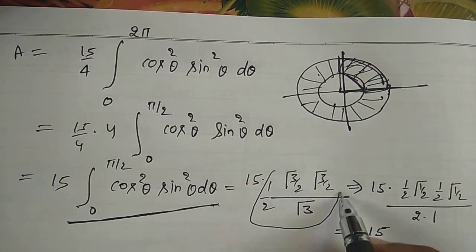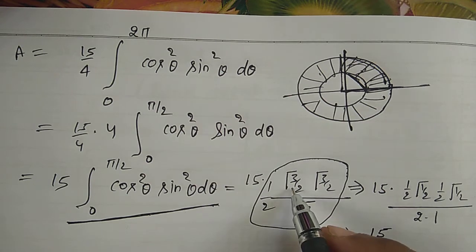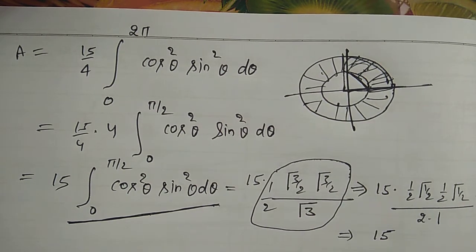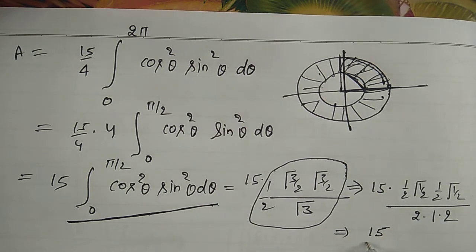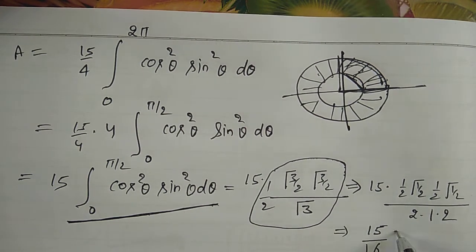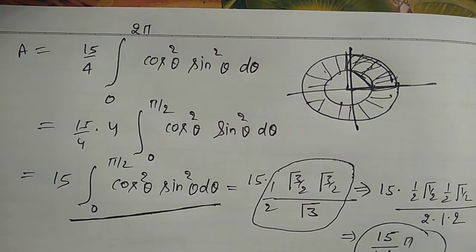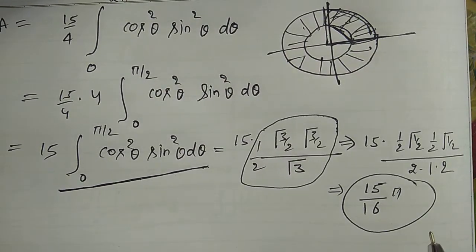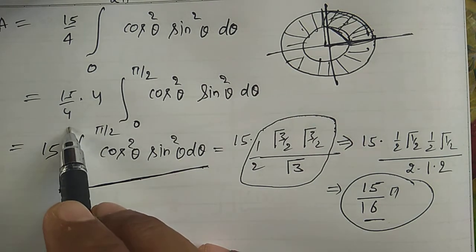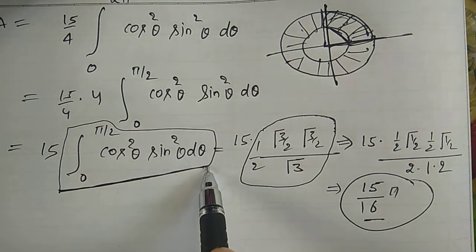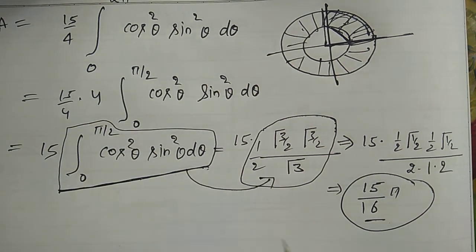This is the value of the integration, 1 by 2 gamma 3 by 2 gamma 3 by 2 by 3. Here again we have 2, so 15 by 16 pi. This is the answer, 15 by 16 pi. And you can check the video for this integration reduction formula.